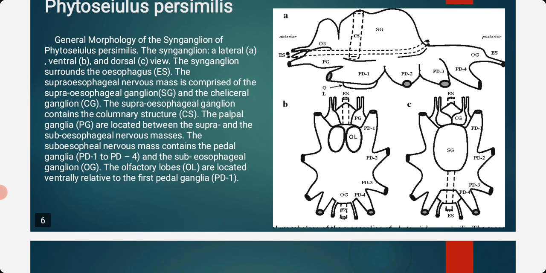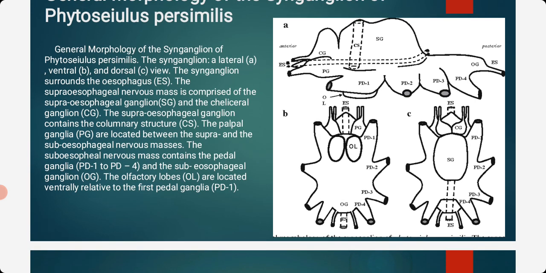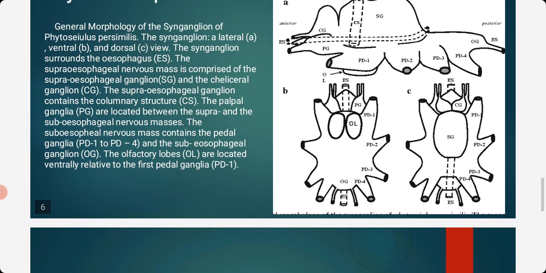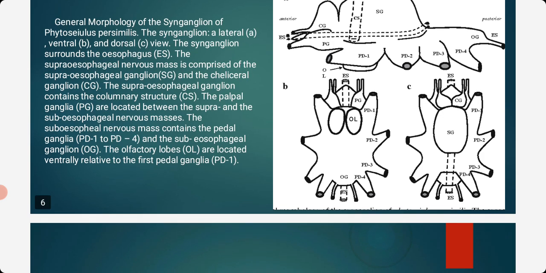And the supraesophageal nervous mass is comprised of the supraesophageal ganglion, SG yun, and the cheliceral ganglion. And the supraesophageal ganglion contains the columnar structure, CS. The palpal ganglia or PG are located between the supra and the subesophageal nervous masses.